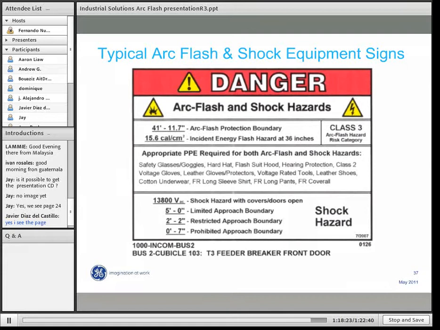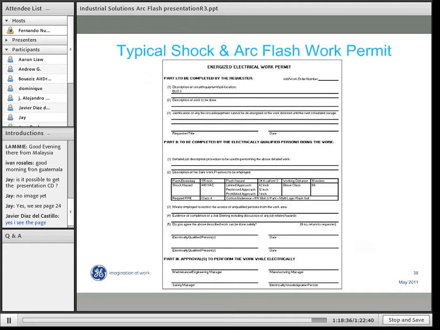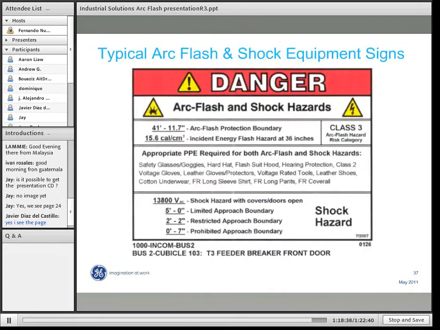And then it also gives you the shock hazard, the voltages, and the limited, restricted, and prohibited approach boundaries. Oh, and it also tells you where the label is supposed to be placed, on the T3 feeder breaker front door, and it also should have a date on it.